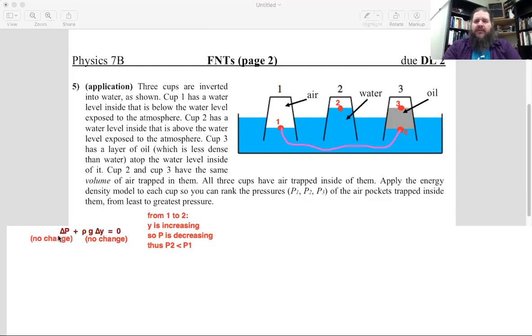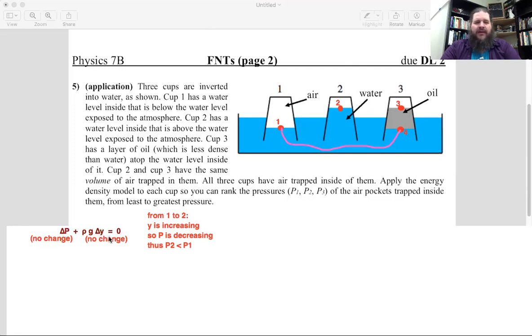And note that that's true only because this is hydrostatic. Hydrostatic means we can use this simplified Bernoulli equation where there's just a delta P and a rho g delta Y. So in that simplified Bernoulli equation, if delta Y is 0, then delta P also must be 0. And don't count on that for any system where fluid is moving. If fluid is moving, there's going to be more terms in the equation, so that's no longer valid.